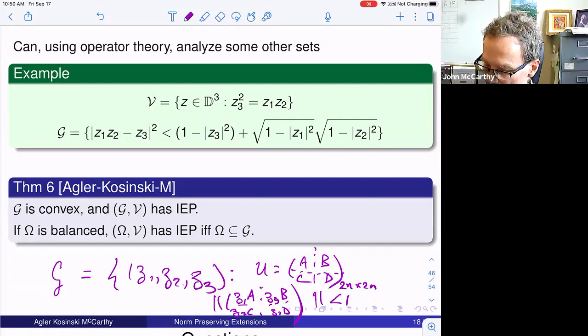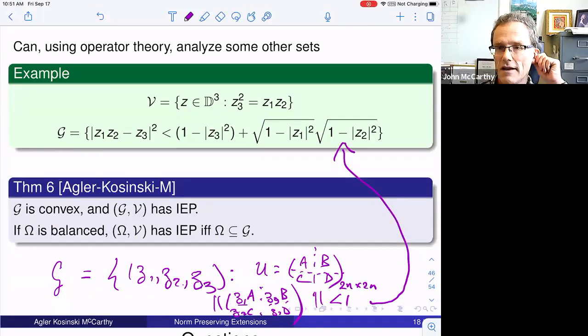And this condition, saying this is true for all unitaries, translates into this inequality. Thanks.